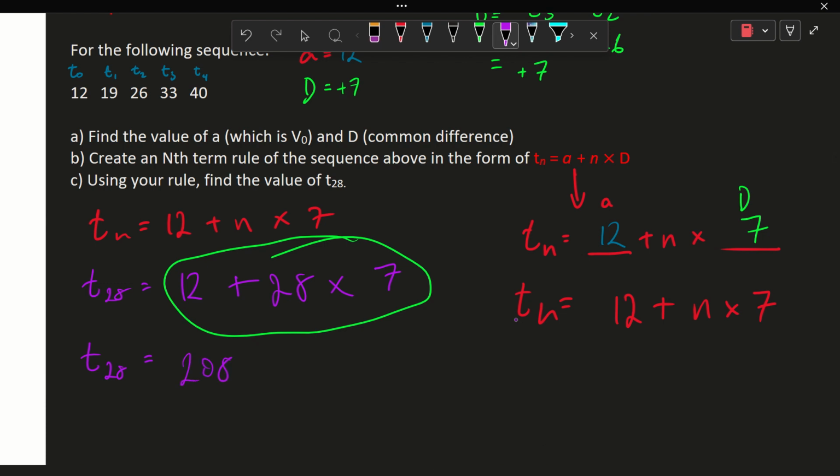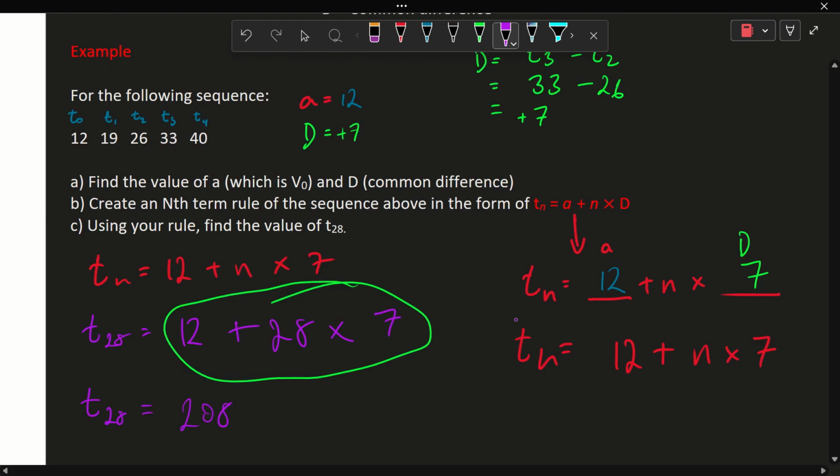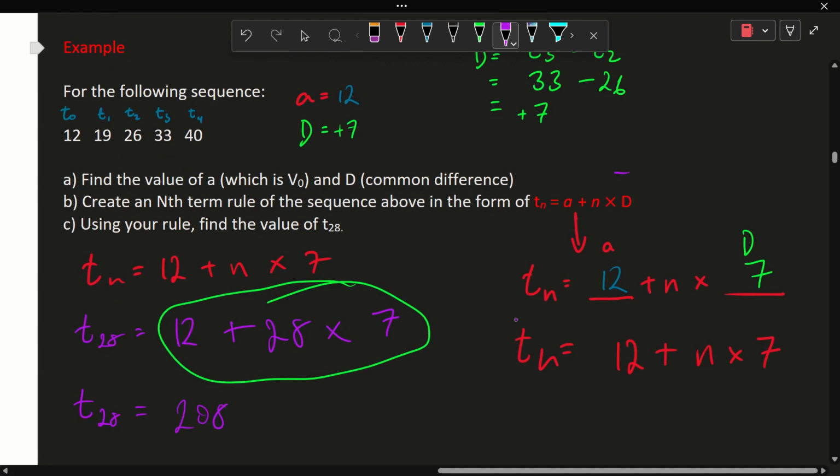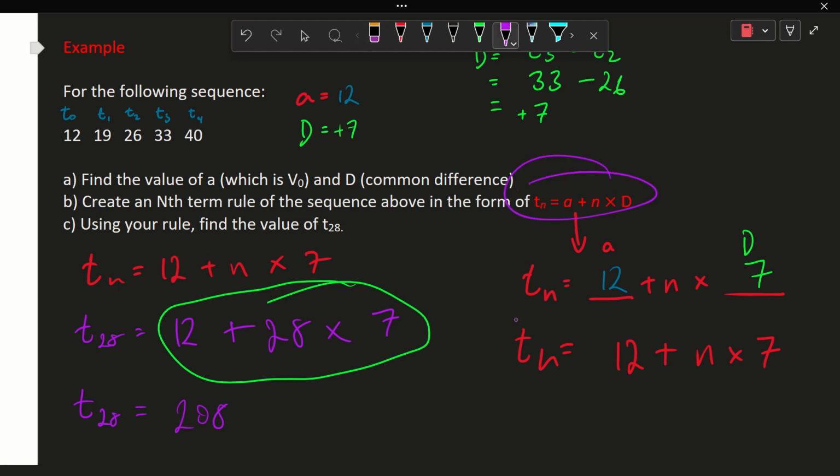So that's the value of T28. 208. And you can use this again for any arithmetic sequence. When it comes to geometric, it's a bit different. But for any arithmetic sequence, this rule, okay, is very, very useful because it helps you find any term that's really, really high. Okay, any high value terms.